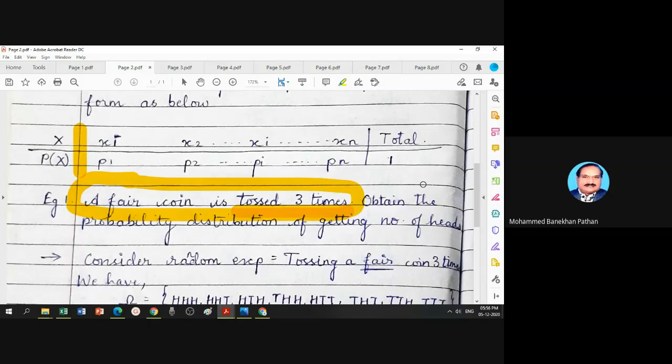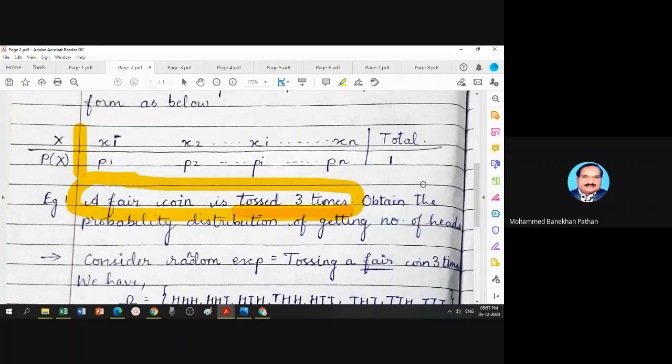You will get the definition of PMF. Probability model is defined on the sample space, whereas probability mass function is defined on the random variable capital X, which takes separate values x1, x2, and so on. So I define a function on each value of x such that each value is non-negative and the total of values should compulsorily be 1.